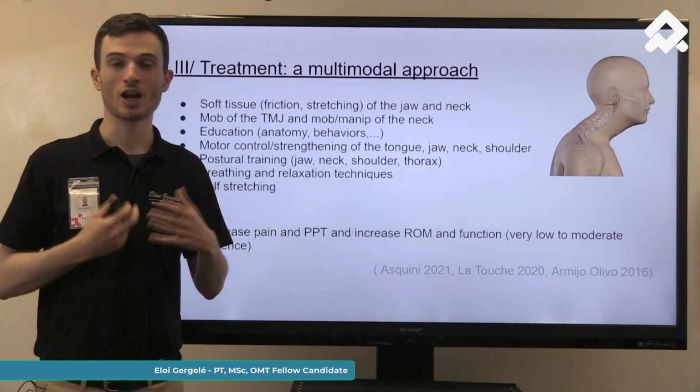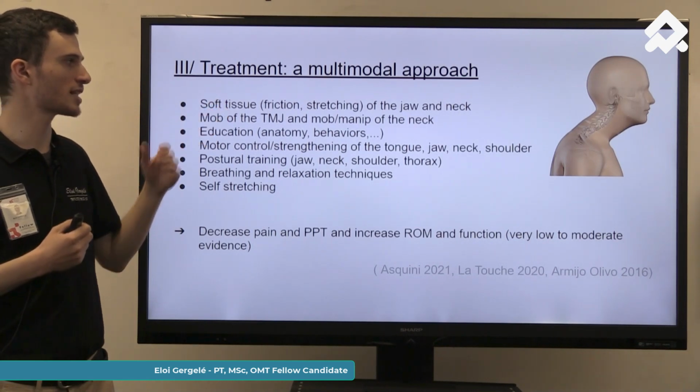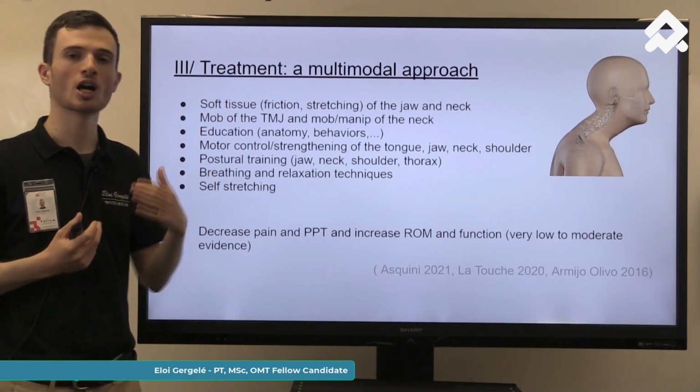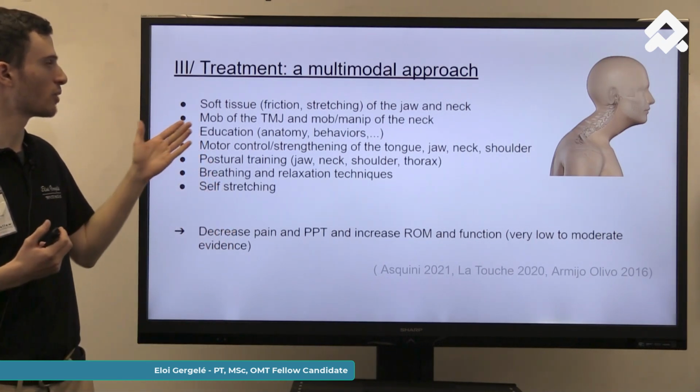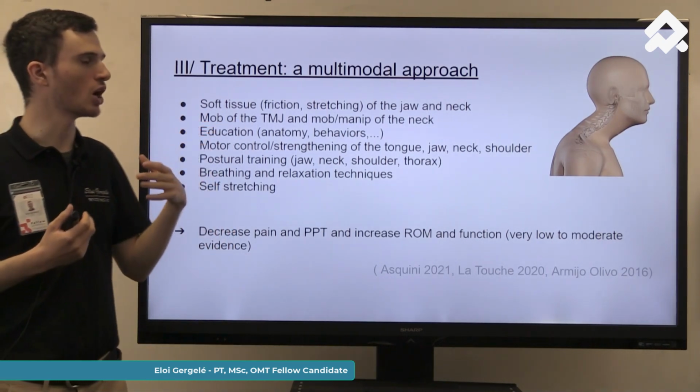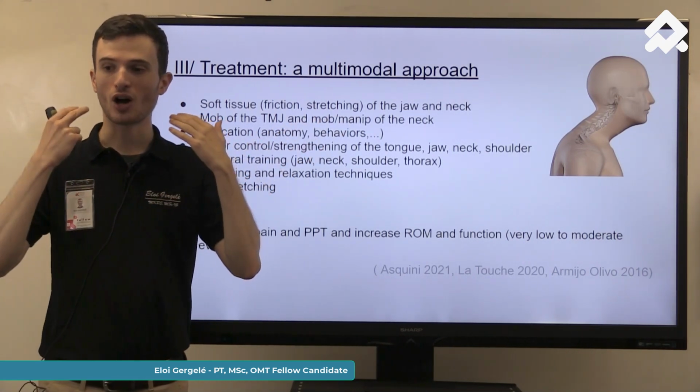physical therapy. For example, we have evidence for soft tissue techniques like friction and stretching on the jaw and on the neck. We have evidence for the mobilization of the TMJ and mobilization and manipulation of the neck.